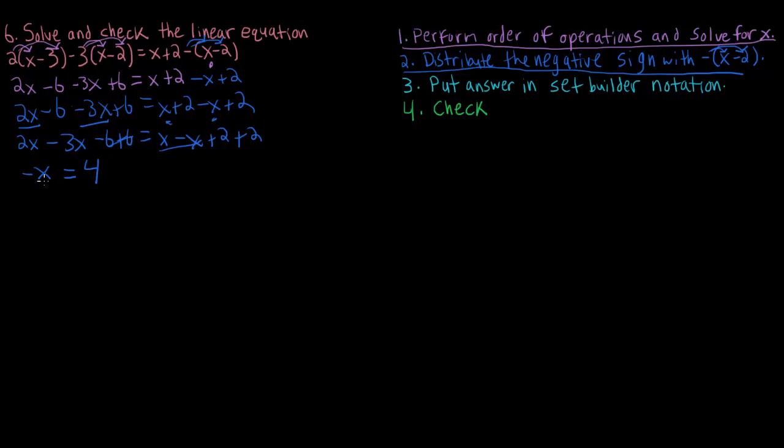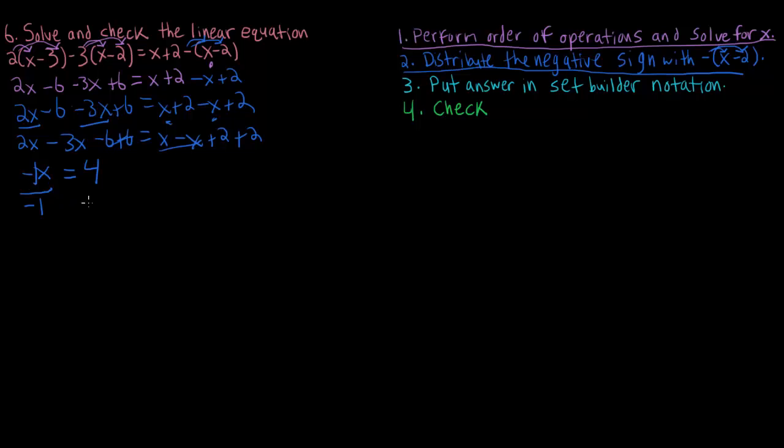Now we don't want to have a negative x as our solution. So to get rid of the negative x, we actually want to realize that negative x is the same as negative 1x. So to get rid of the negative, we divide both sides by negative 1.